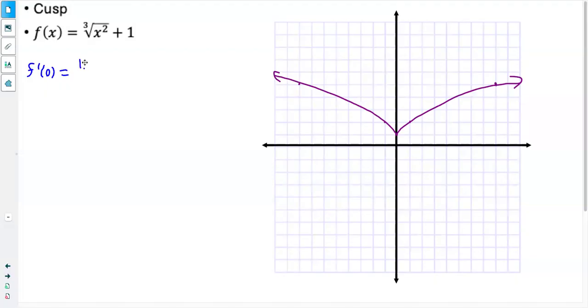So that's the same as our limit as h approaches 0 of f of 0 plus h minus f of 0 over h.